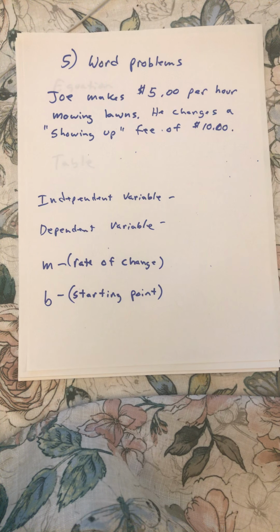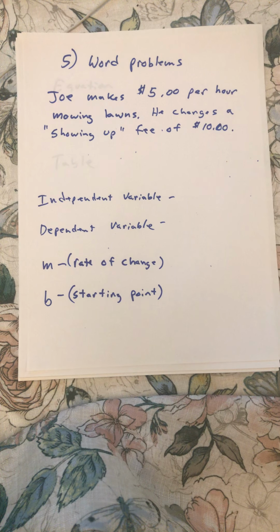Domain and range are just other ways to say it: domain is the values for x, and range is the values for y in our ordered pairs. But then we get into independent variable and dependent variable. These aren't numbers. These are descriptors of the numbers that we will be using.